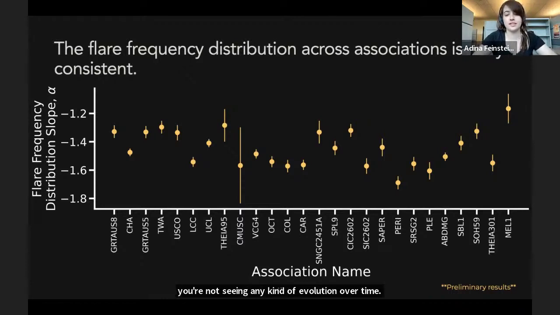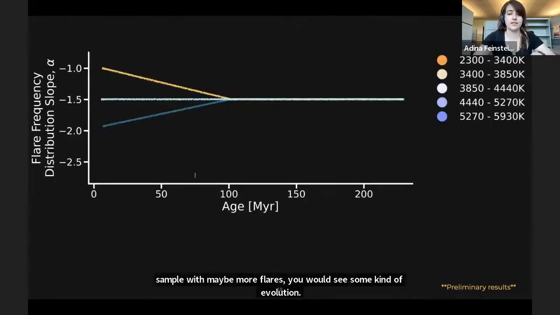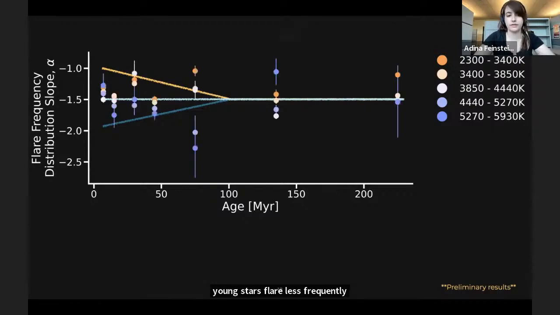We can bin this into age bins to see, in a sample with maybe more flares, you would see some kind of evolution. And so what I'll show here is then binned down into specific ages instead of specific associations. The lines here represent those 3 cases that I was trying to test, where the dark blue is young stars flare less frequently, the light blue is there's no evolution, and the yellow is that young stars flare more often.